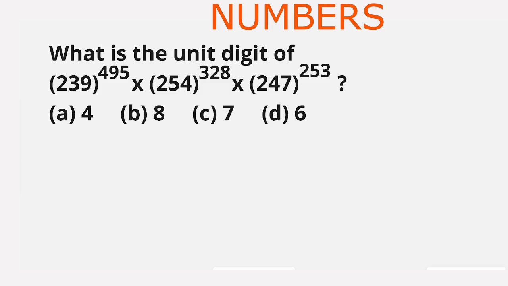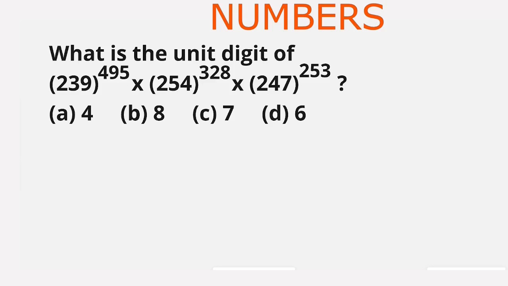So we divide 495 by 4 and find the remainder, and for that we will divide only the last two digits of 495, and those digits are 95. 4 times 2 is 8, 9 minus 8 is 1, we carry 5 and it becomes 15, and 4 times 3 is 12, 15 minus 12 is 3, so the remainder is 3.